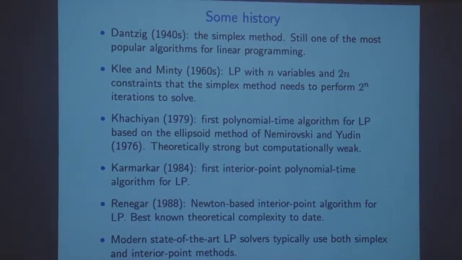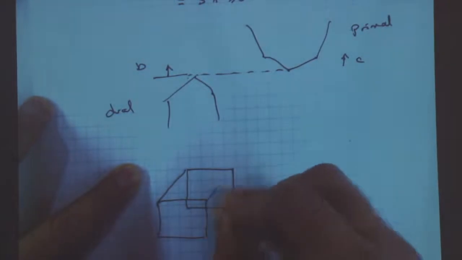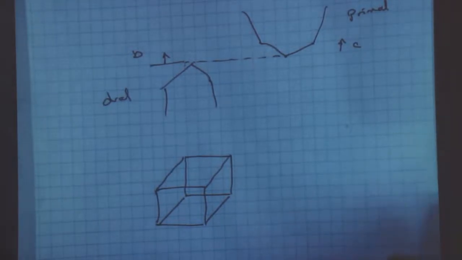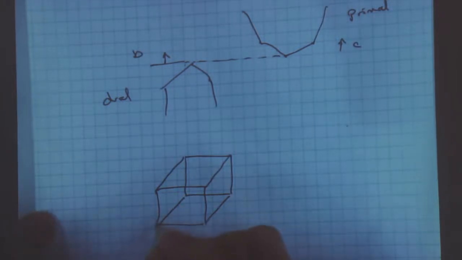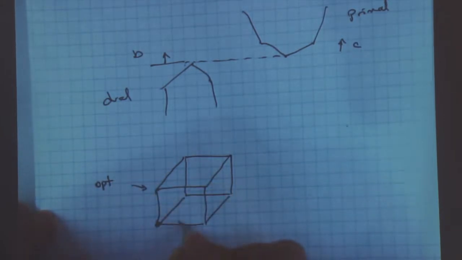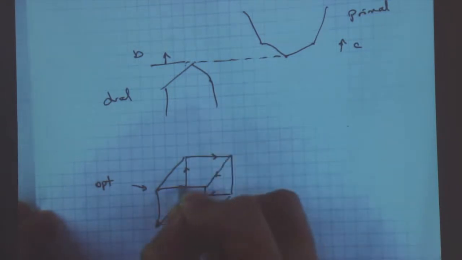Now, in the 60s, these two guys, Klee and Minty, showed a counterexample. They showed a really neat example that some of you may have seen. They showed that the cube, so if you think about the cube in Rn, can be distorted a little bit so that if you start here, the optimal solution may be here, but the simplex method may have to do all of this traveling.